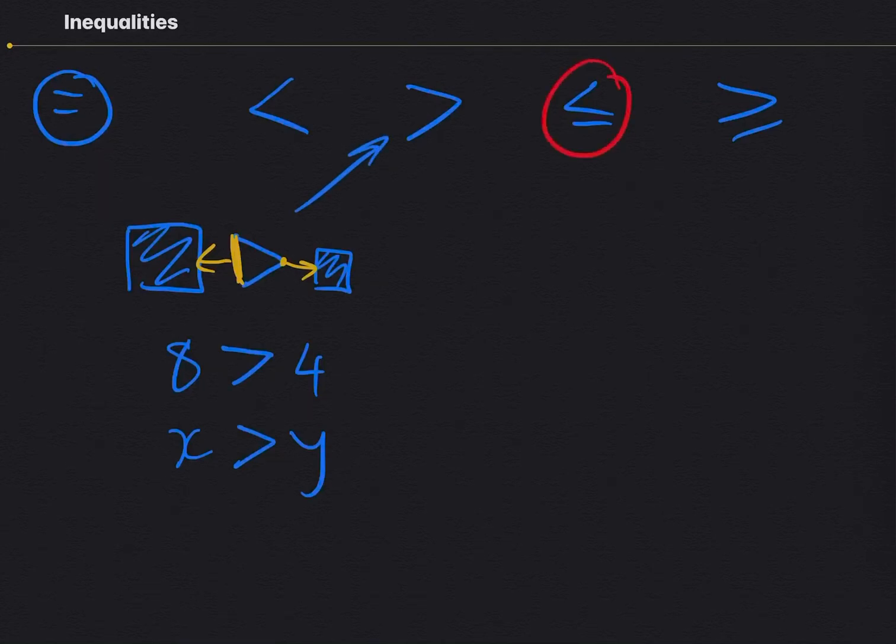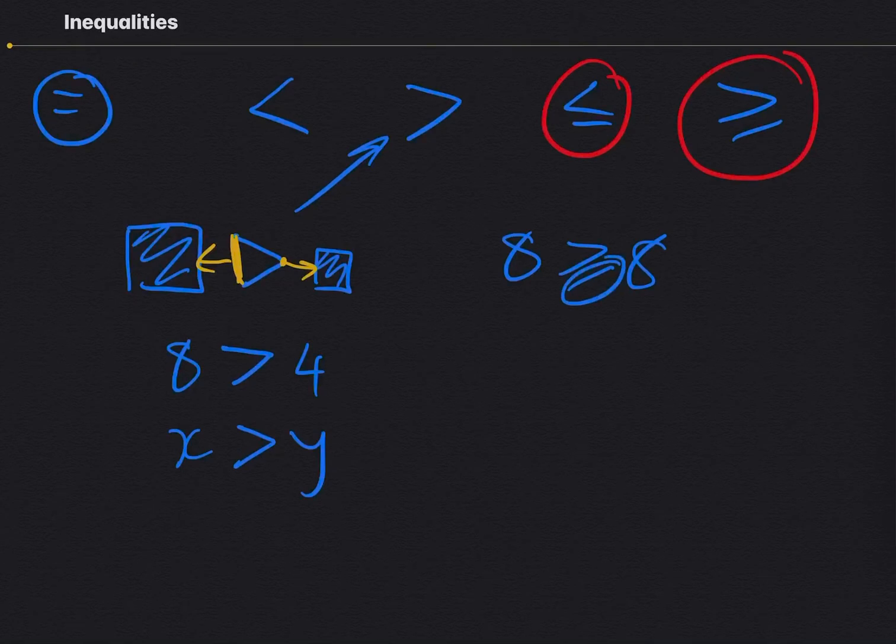What about when we look at an equal or less than, or an equal or greater than? This essentially means that it has to be either bigger or can be equal to. If we were to look at an example of numbers, 8 is equal or greater than 8, well, because of the equals part of that, it doesn't really make a lot of sense to say that.